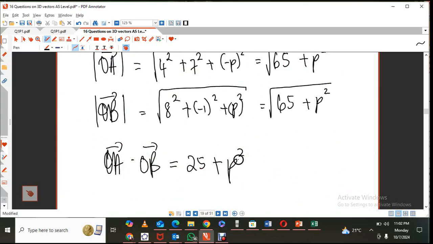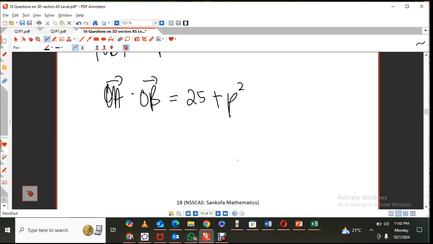So let's just go ahead and complete our formula now. If we have cos theta, and we know that cos theta is nothing but 60 degrees, we can just go ahead and put 60 here.